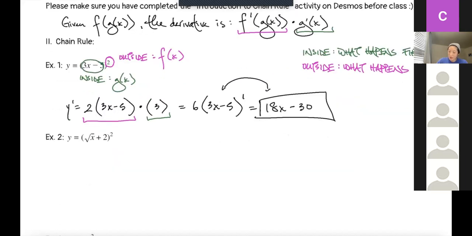All right. So let's try identifying here. What do we have for an inside function for example 2?